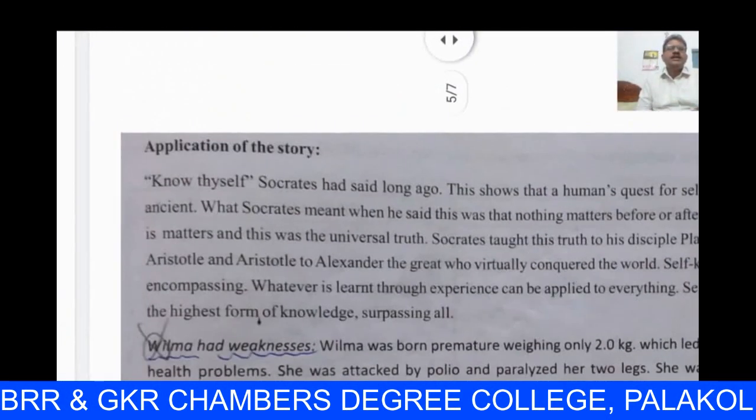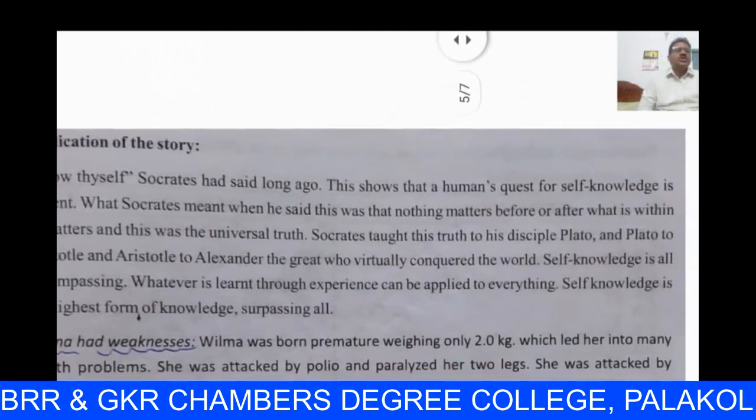Let us see one story for you. It's a beautiful story. It is about Wilma Rudolph. She was an athlete, and she won 3 gold medals in the Olympic Games.